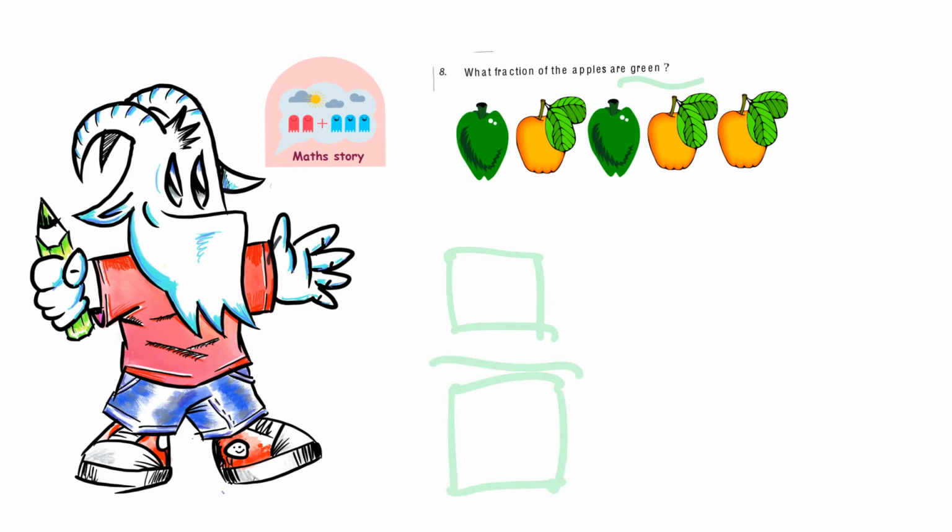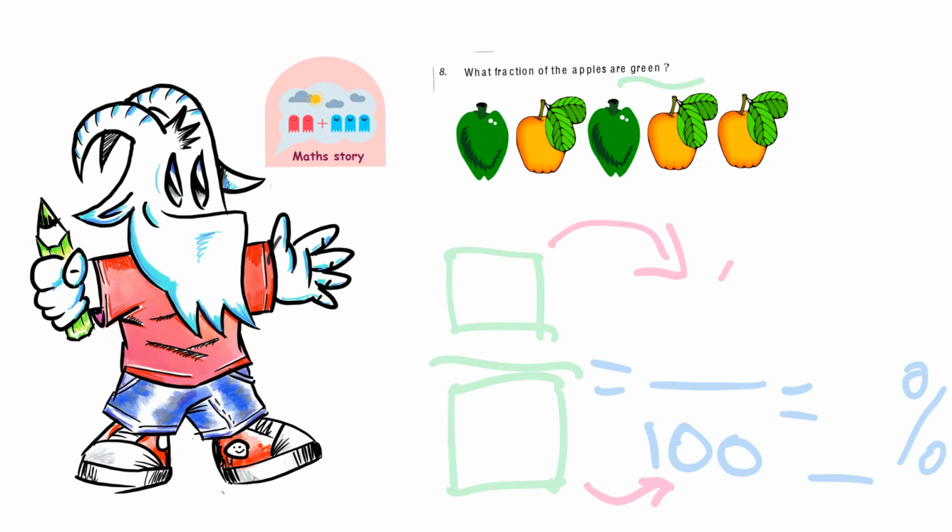We are going to try to turn it into a fraction with the denominator of 100, and that will give us a percentage. So, identify the whole group, how many apples are green, try to convert it into a fraction with the denominator of 100, and that shall give you a percentage. Pause the video, and I will wait.